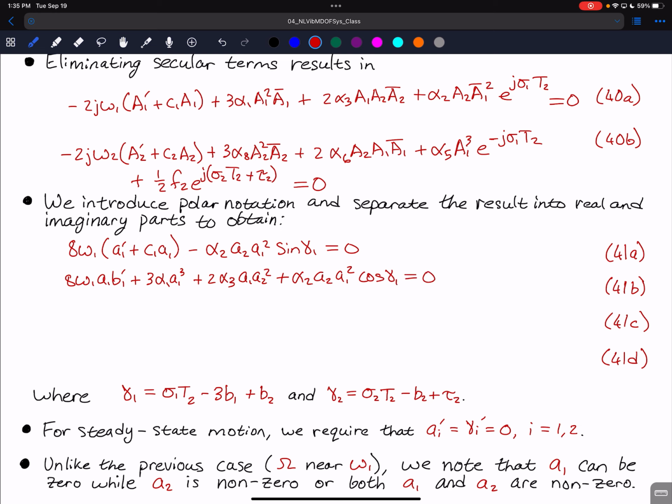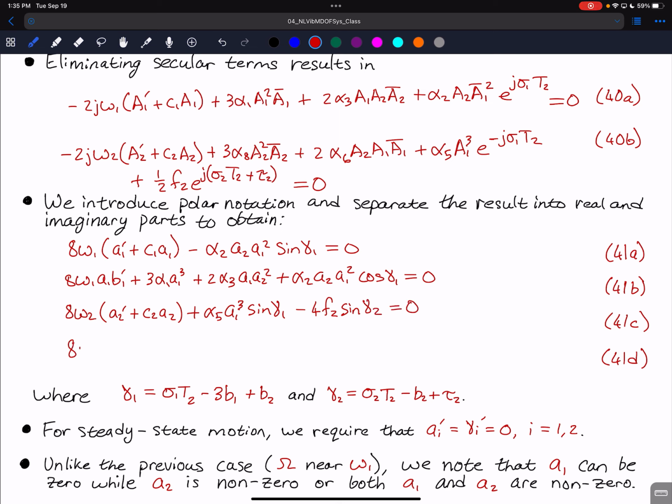And then we're going to have 8 times omega 2 times a2 prime plus c2 a2 plus alpha 5 times a1 cubed times the sine of gamma 1 minus 4 f2 sine gamma 2, that's all equal to 0.